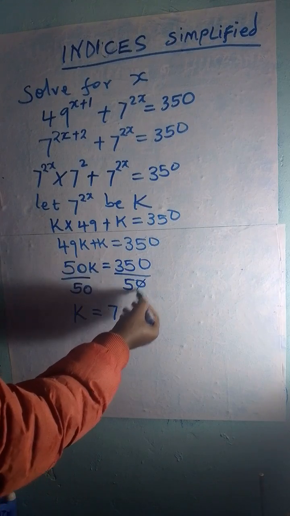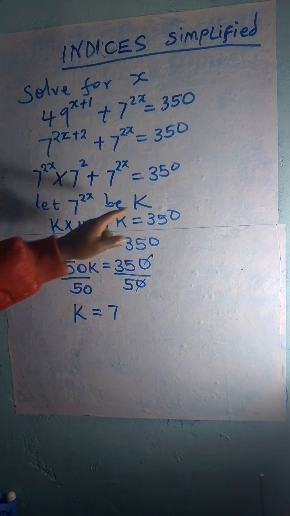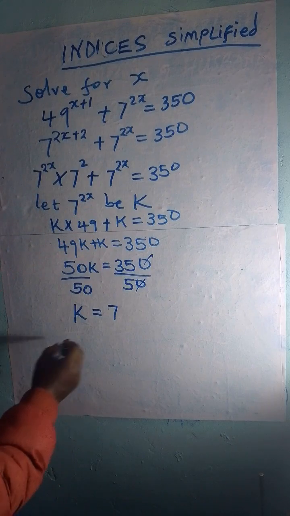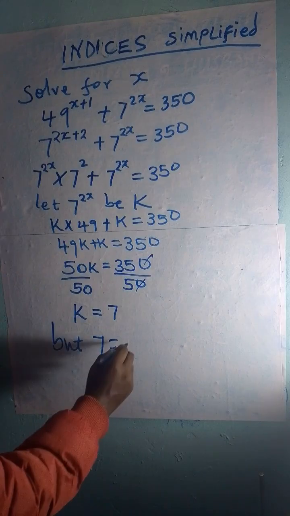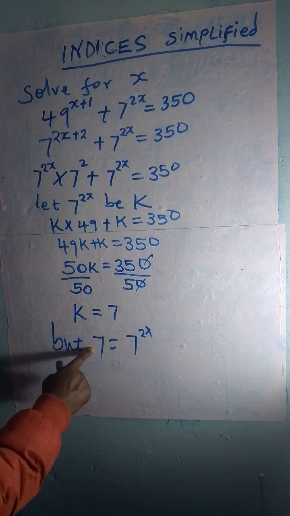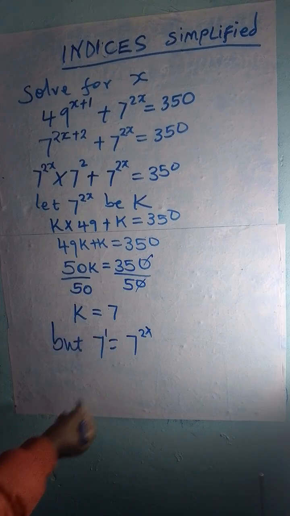Right? This one can cancel out. But remember we said that k is 7 raised to power 2x. So it means that 7 is equal to 7 raised to power 2x. But any number which is written this way is raised to power 1.